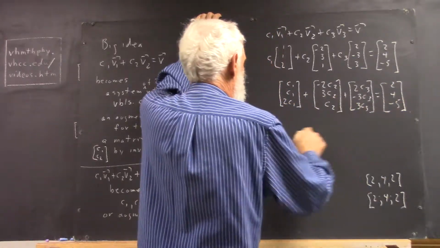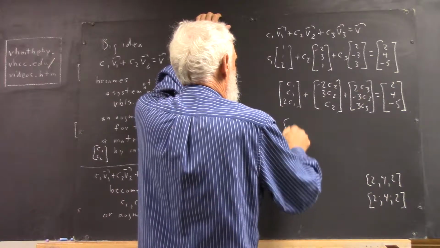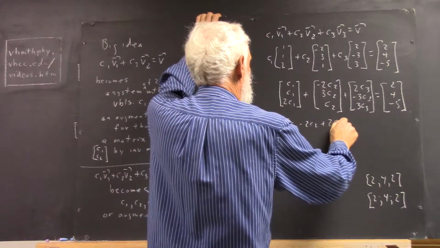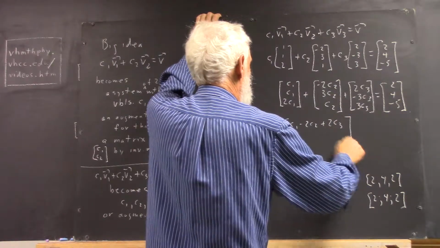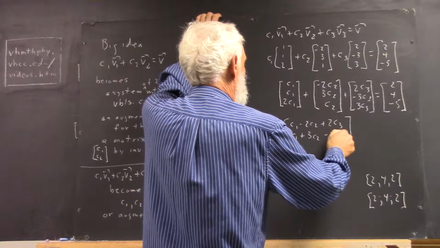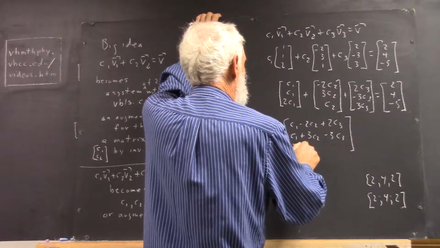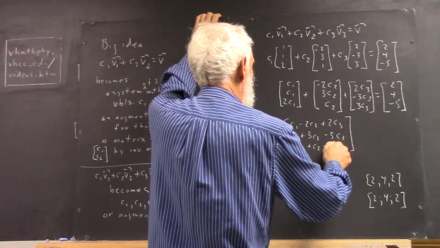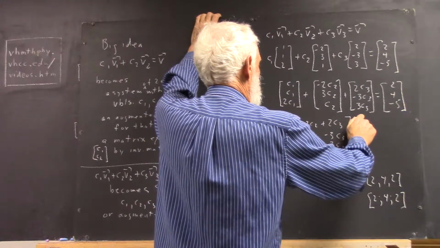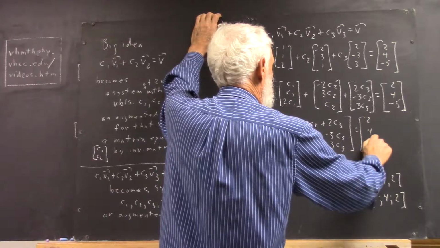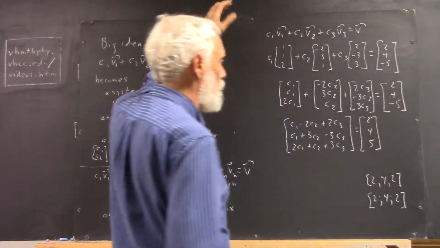And then we can add these three vectors. We get C1 minus 2C2 plus 2C3, C1 plus 3C2 minus 3C3, 2C1 plus C2 plus 3C3, and that's going to be equal to the vector 2, 4, 5.